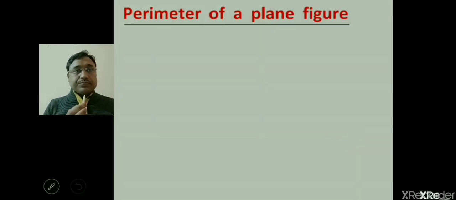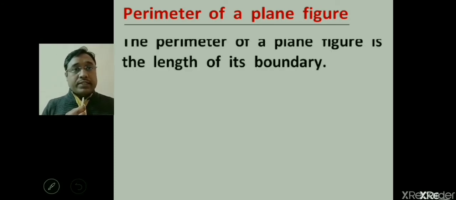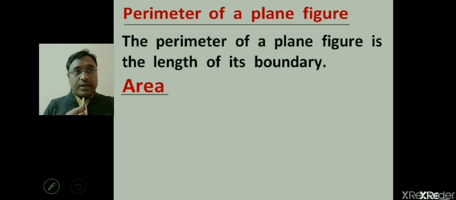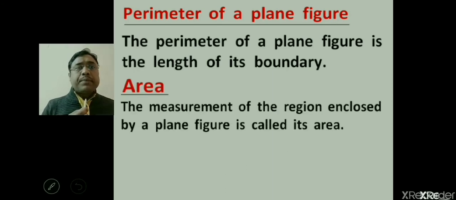Now, perimeter of a plane figure. The perimeter of a plane figure is the length of its boundary. The whole boundary length you measure is called the perimeter of the plane figure. And area is the measurement of the region enclosed by a plane figure.